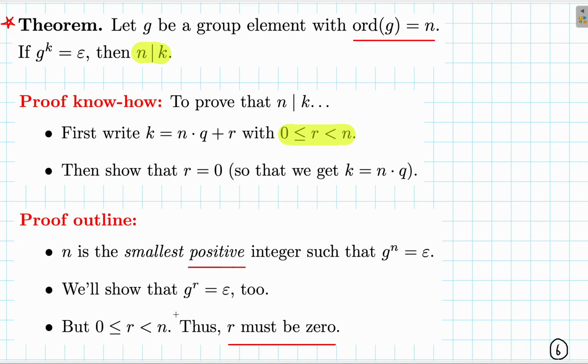So once again, we're using the fact that r is less than n to say, well, the only way this is possible, n still being the order of G, is that r is not positive. But r is not negative either, and therefore r must be 0. And so that's going to be the proof outline. In the next slide, we'll go over the complete proof.